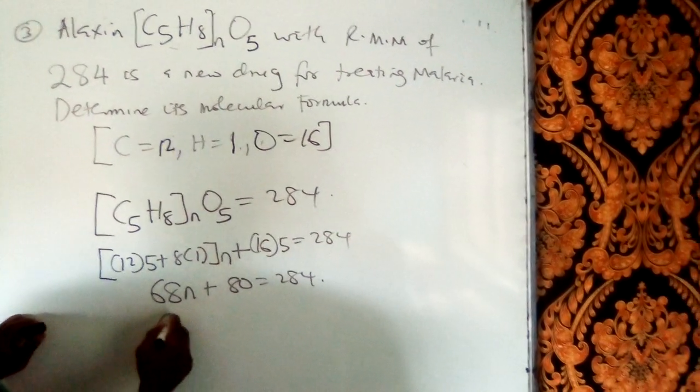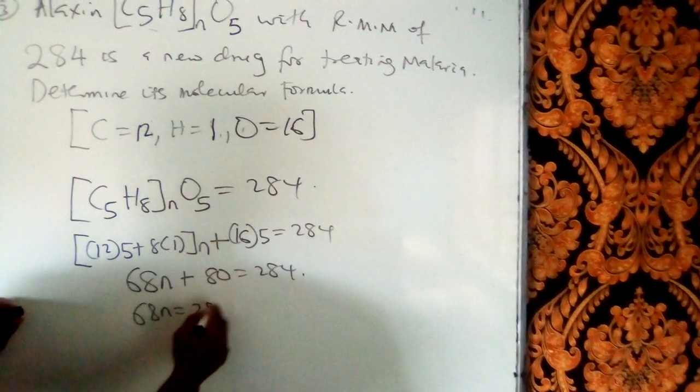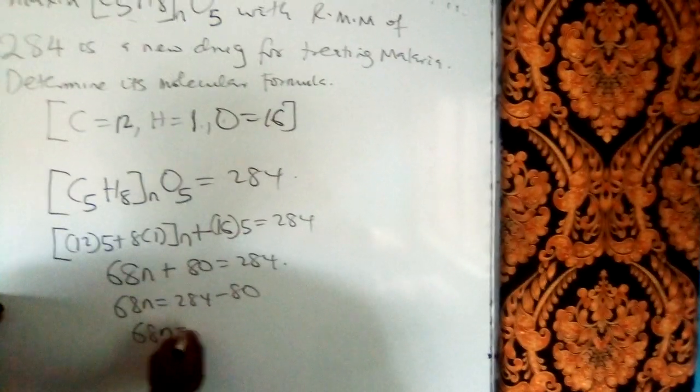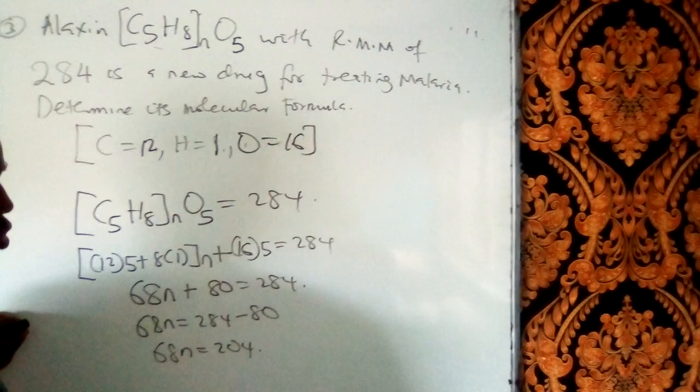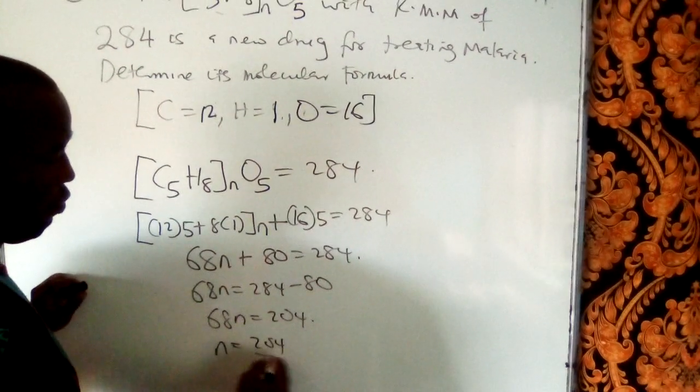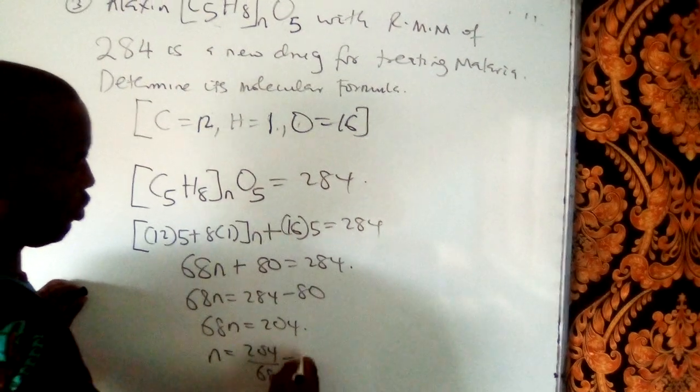So 68n becomes 284 minus 80, which is 204. You solve for n: 204 over 68 gives us 3.